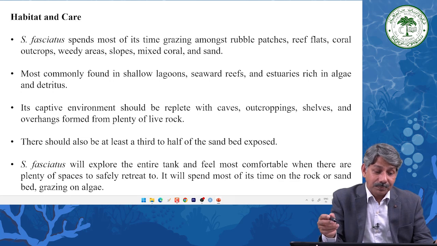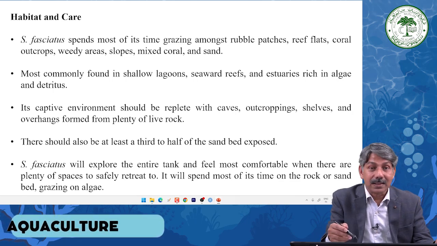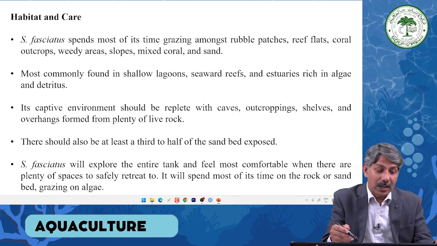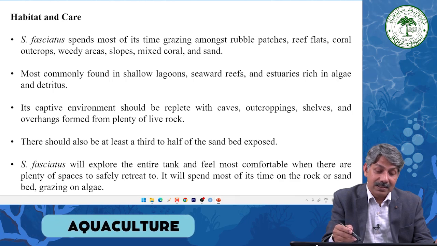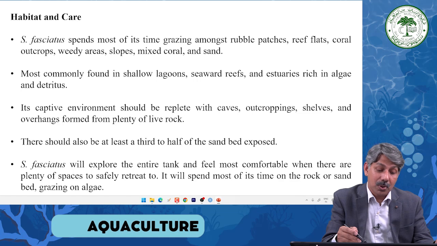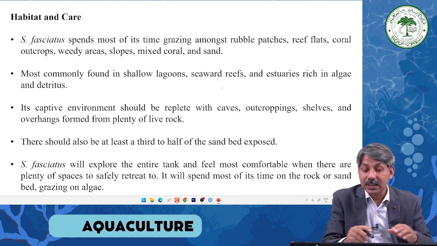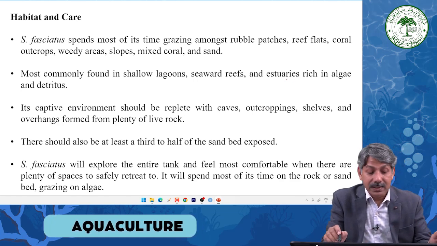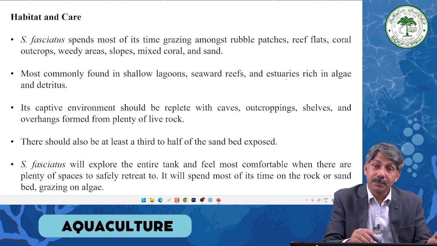This fish, S. fasciatus, spends most of its time grazing amongst rubble patches, reef flats, coral outcrops, weedy areas, slopes, mixed coral and sand. Most commonly found in shallow lagoons, seaward reefs and estuaries rich in algae and detritus.